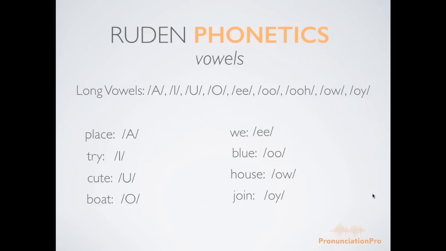Okay, so hopefully you're listening to this and tuning your ear, really focusing on what vowel sound you're hearing. Can you hear the difference between those? A, place, try, cute, boat, we, blue, house, join.